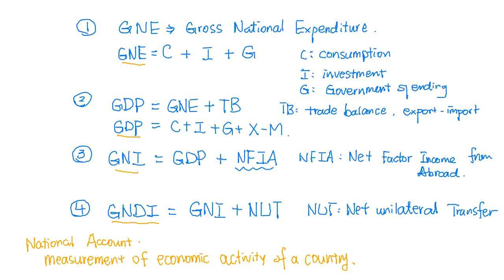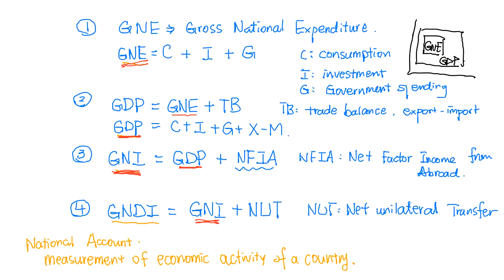Right, so if you take one more look, here's GNE, GDP, here's GDP, GNI, here's GNI. So this is GNE, this is GDP, GNI, that's it.